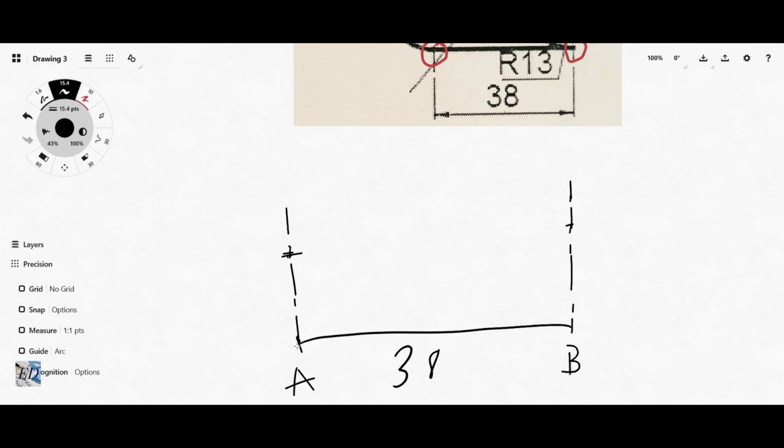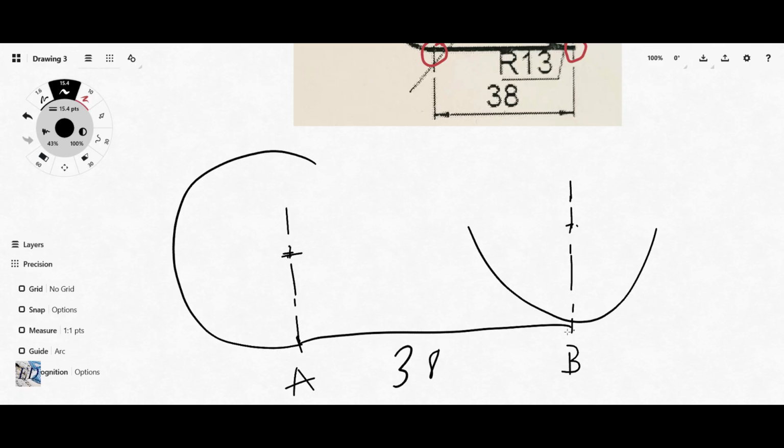And you draw an arc. Then you move on to the other side with the radius of 13 millimeters and you draw another arc here, going this way.